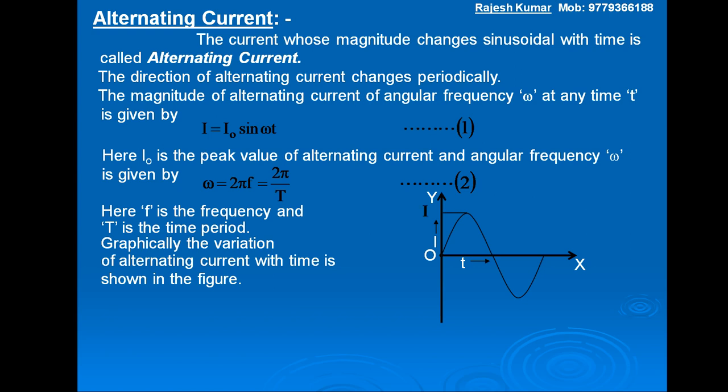This is the peak value of alternating current and this is the peak value of alternating current in the opposite direction. So this is the definition of alternating current. This is half of the time period and this point is time period of alternating current.